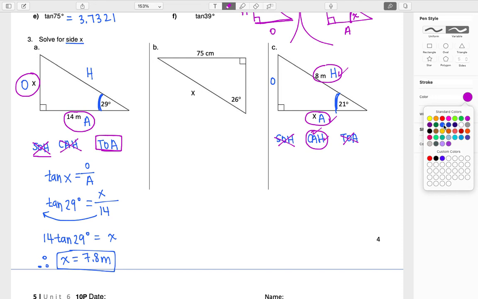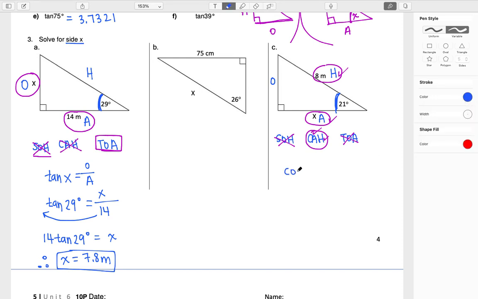So write down the formula. Cos x is equal to adjacent over hypotenuse. So let's plug in what we know. Cosine 21 degrees is equal to x over 8.